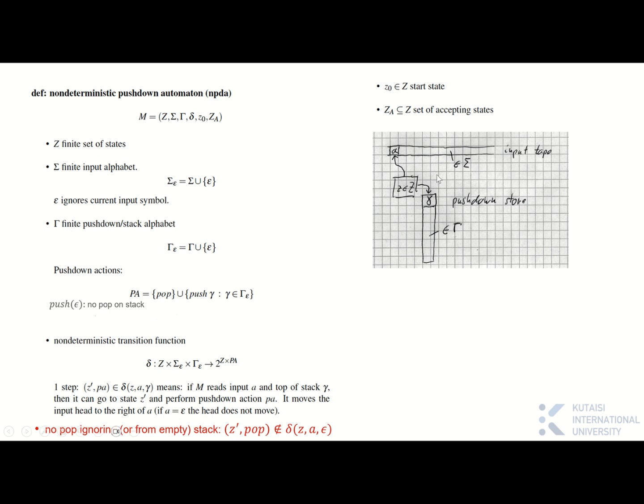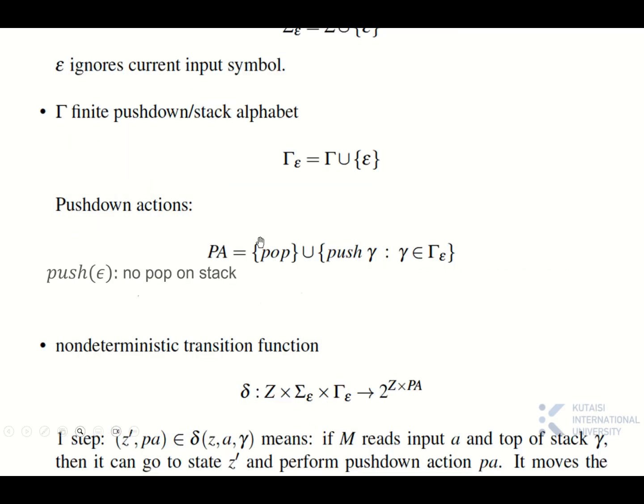Okay, gamma is things I can write here on the stack, so this is the same picture as we drew. And now I have pushdown actions. So PA will denote, maybe let me zoom in. What is PA? PA is either pop, so these are things I can do, or for each gamma epsilon, meaning for each letter in my gamma and also epsilon, I can push gamma.